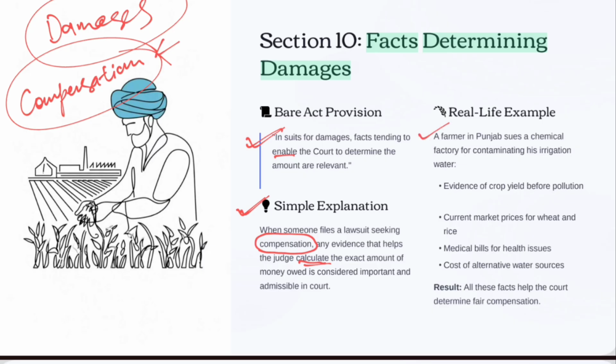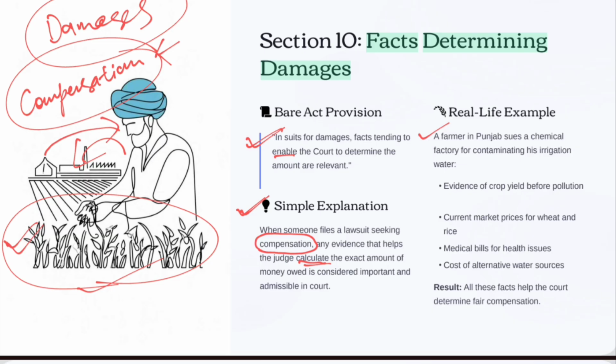For example, if there is a farmer who sues a chemical factory for contaminating his irrigation water, he sues the factory owner that due to the emission of various gases and chemicals his crop is damaged, his crop is totally wasted. In that case, how much compensation is to be paid by the factory owner to the farmer?